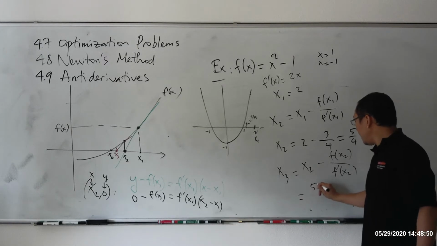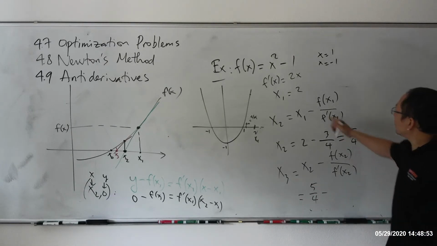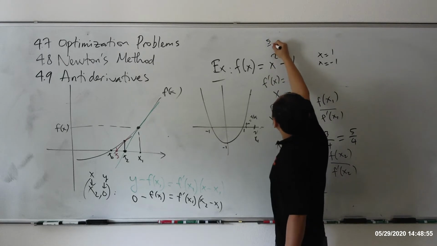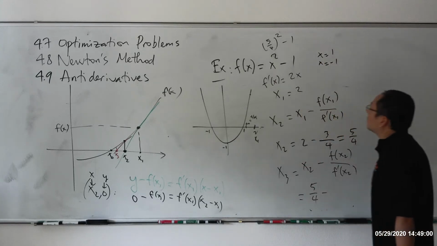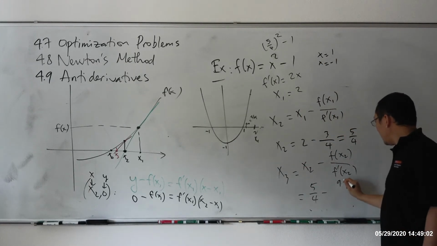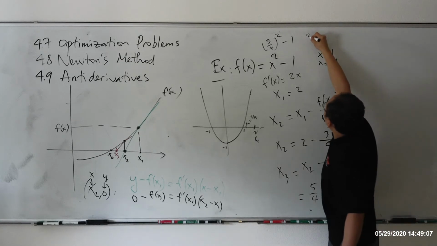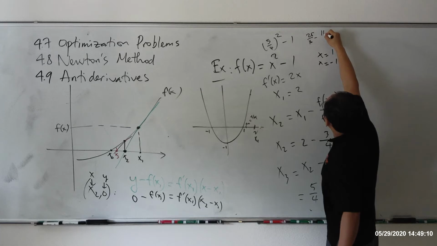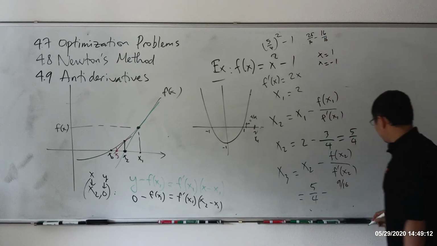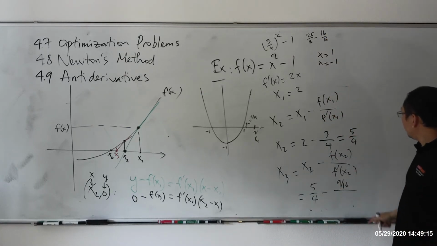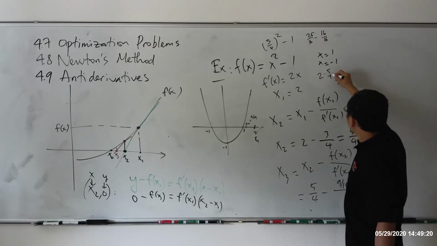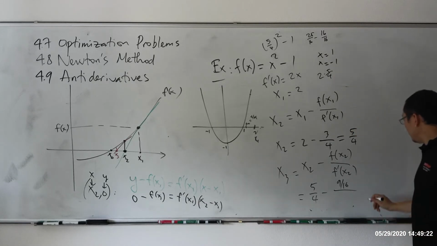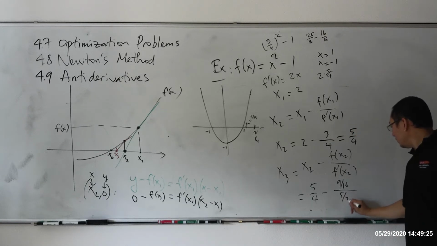And x2 is 5 over 4 minus f of x2, so we plug in here, 5 over 4 squared minus 1, 25 over 16 minus 16 over 16 is 9 over 16, over f prime of x2. So f prime right here is 2 times 5 over 4, so it's 5 over 2. And you simplify.